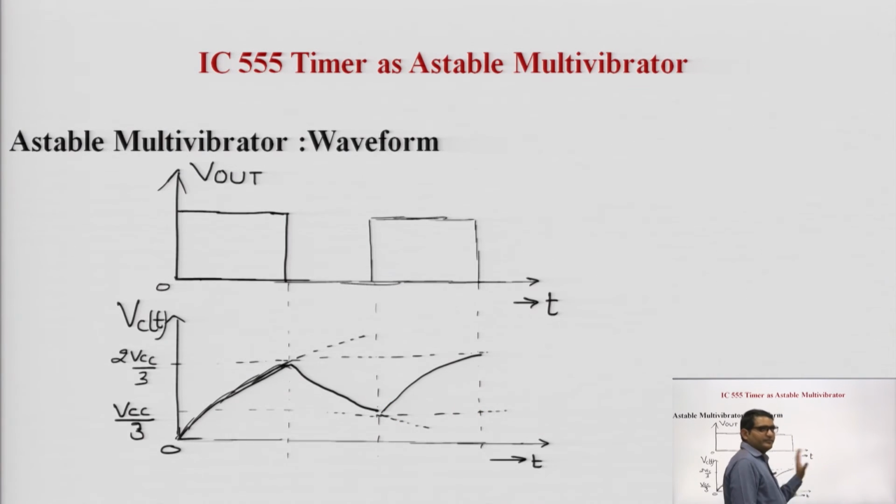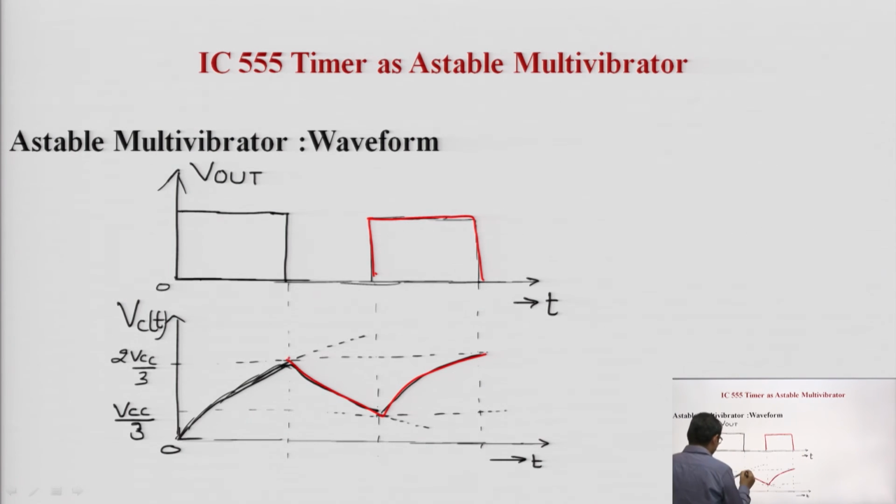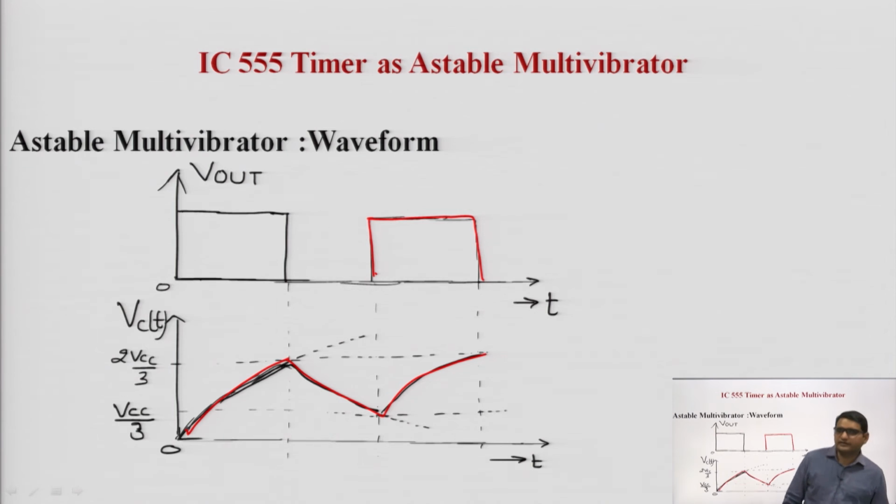This is the output waveform we discussed in the previous slide. Now, the most important thing is to calculate the time period of this square wave, or the frequency of oscillation.